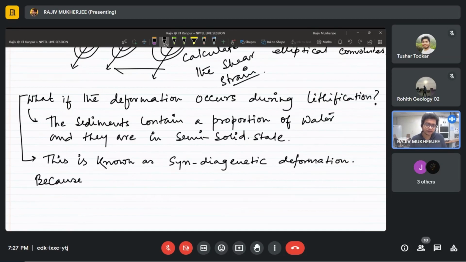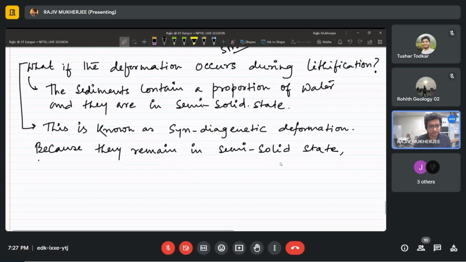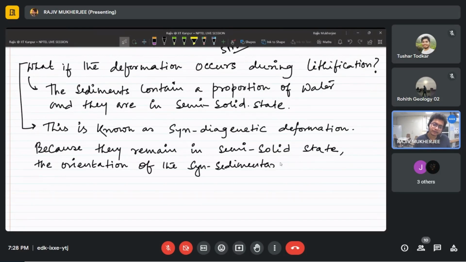Because they remain in semi-solid state, the orientation of sedimentary structures change, simply as that.